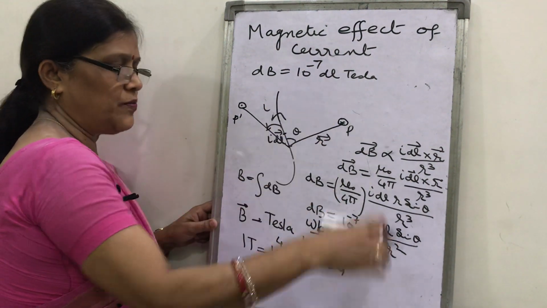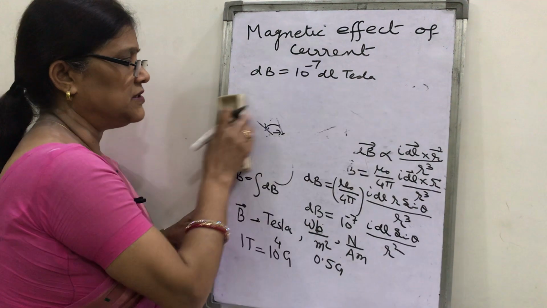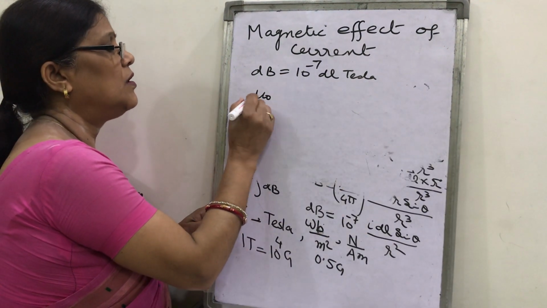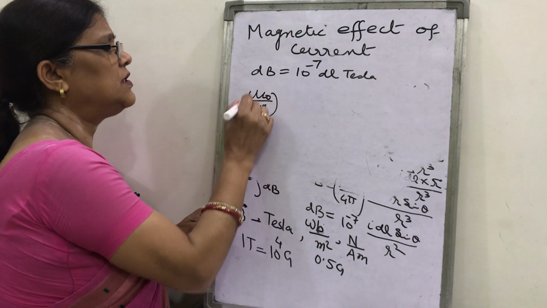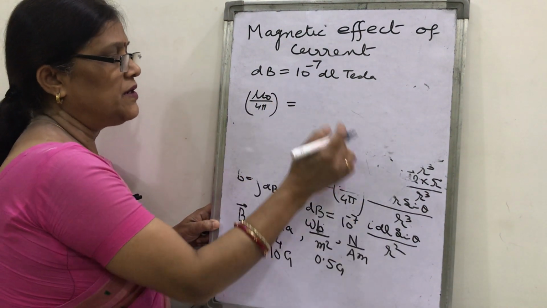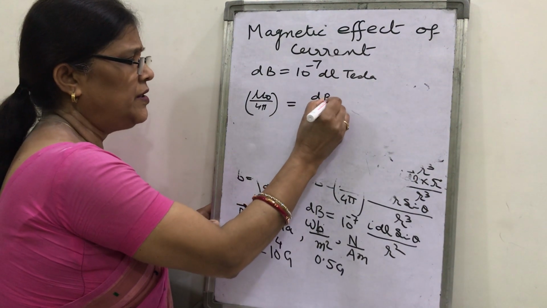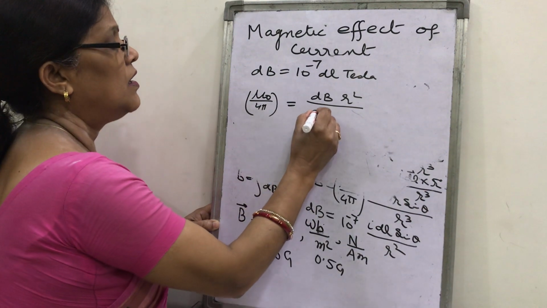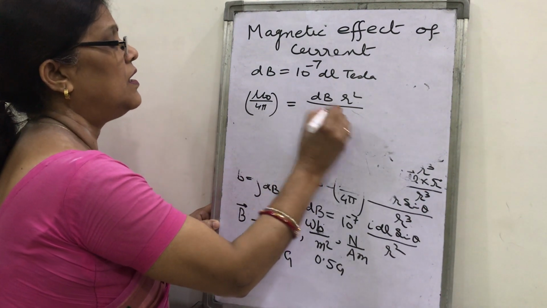This mu naught upon 4 pi is a constant, or you can write only 10 to the power minus 7. So this can be written as dB r square upon I dl.